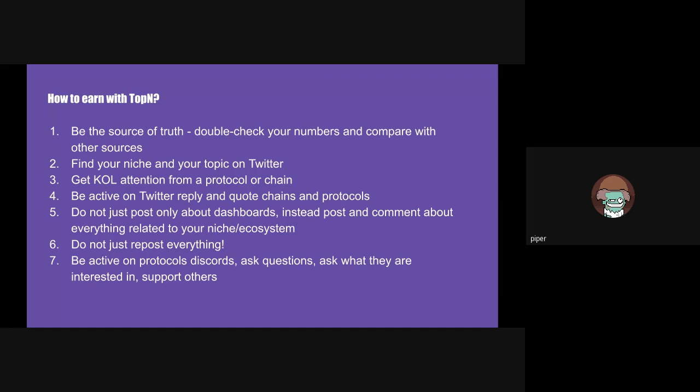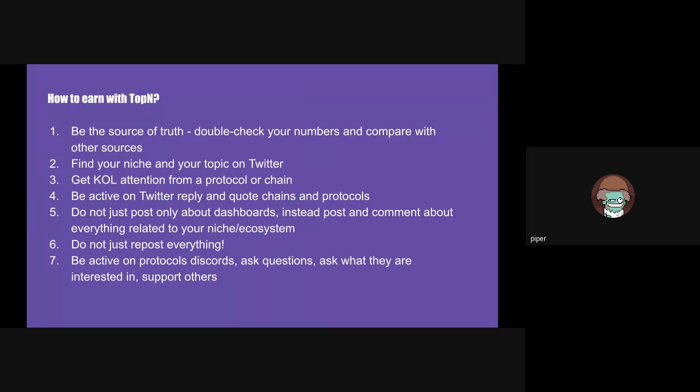There are so many sources on Twitter already doing exactly that. Find another topic, another niche. Find the chain that interests you the most, find the protocols that interest you the most, and really go for them. Dive deep into them, play around with them, learn them.